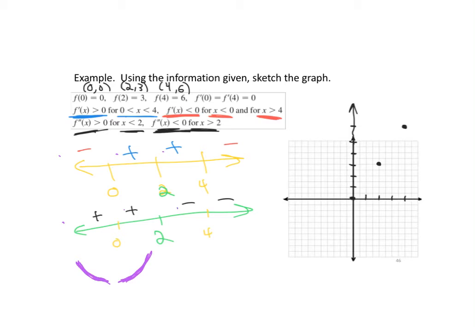Increasing and concave down, well, it's increasing, but it's spilling water. And then decreasing and concave down, that will look something like that. These 4 pieces down here are exactly what we need to put together to give us an idea of what the curve will look like.